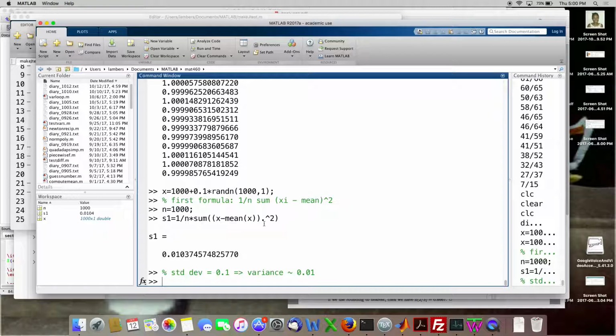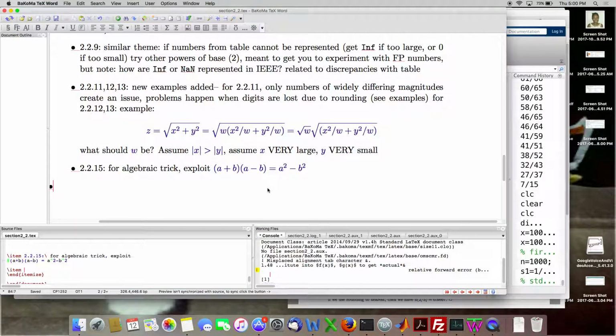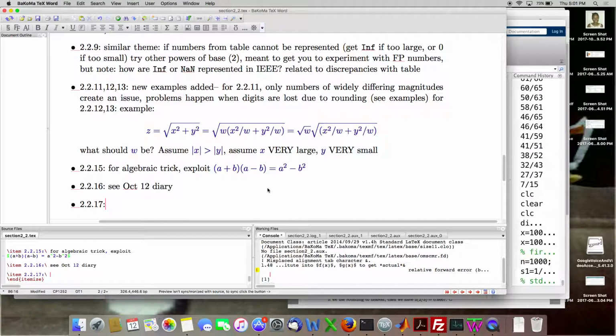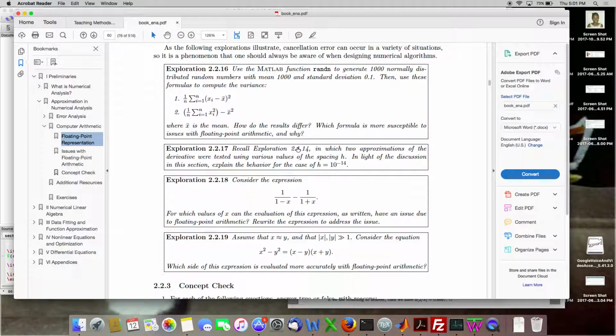Okay. So for this, see the October 12th diary for that. And 2.2.17 goes hand in hand with, I talked about this earlier.